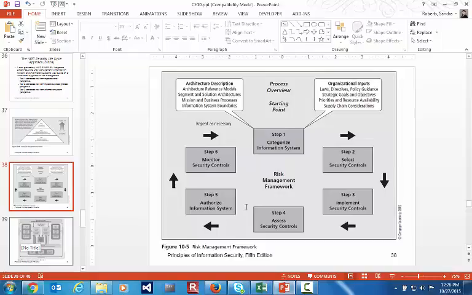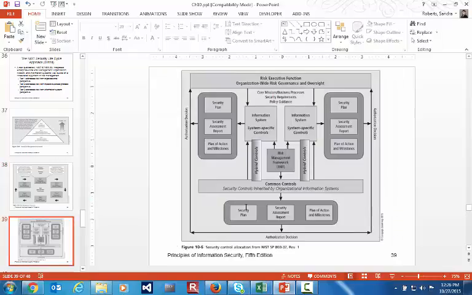You categorize the information systems, right? There's your information system. There's the controls. There's your risk management. And then if you have some hybrids, the security plan, the assessment report, the plan of action and milestones, and then your common controls.